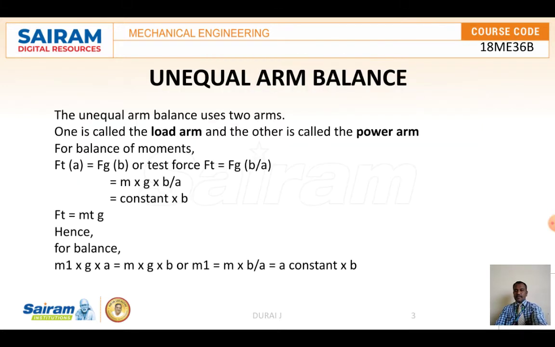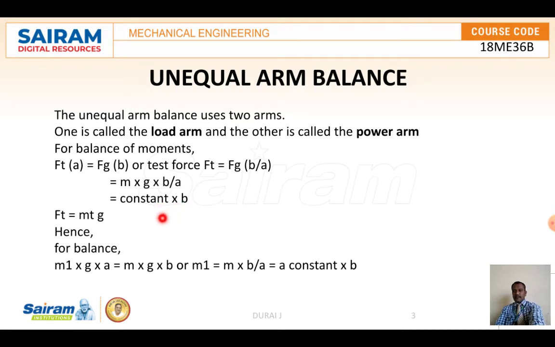Then coming to the unequal arm balance method, Ft into A is equal to Fg into B. We already discussed the test force: Ft is equal to Fg into B by A. We know that force is equal to m into g, so Ft is equal to m into g into b by a, where g by a is taken as a constant.